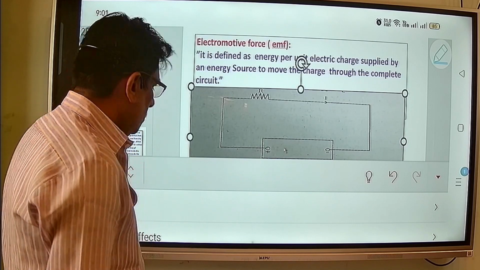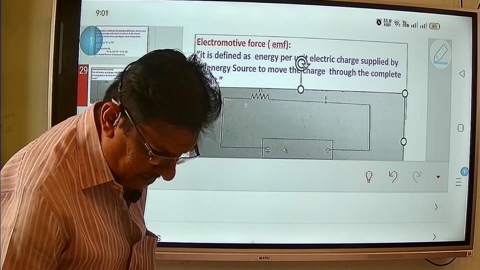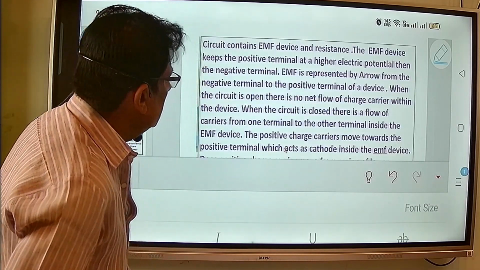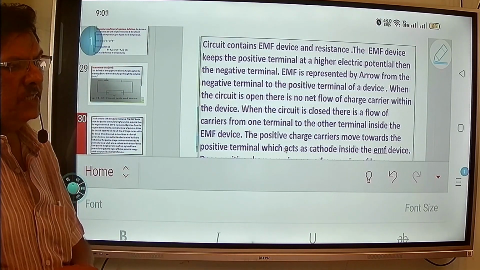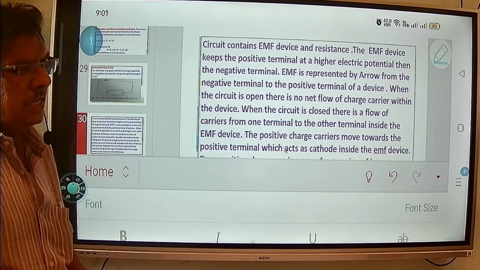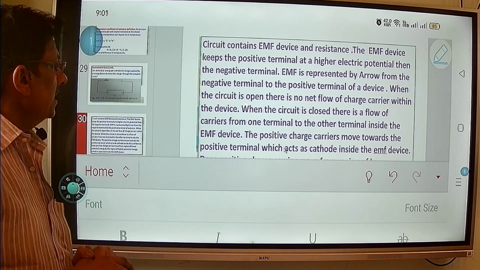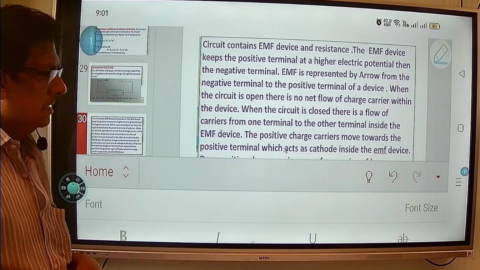Now we are going to consider some explanation about this. First of all, the circuit. You have seen the simple circuit of Ohm's law: one resistance connected across the battery and the current flows through it. Now this circuit has one EMF device and one resistance.